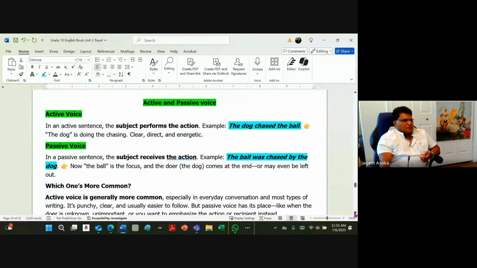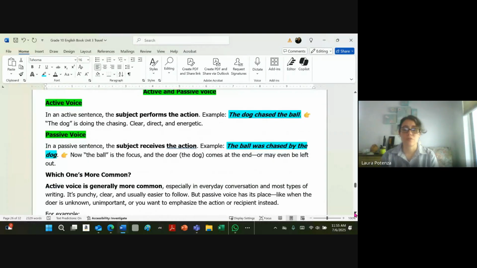So again, the active and passive voice, let's just go over. In an active sentence, the subject is performing the action. For example, the dog chased the ball. The dog is doing the chasing, and this is clear, direct, and energetic.